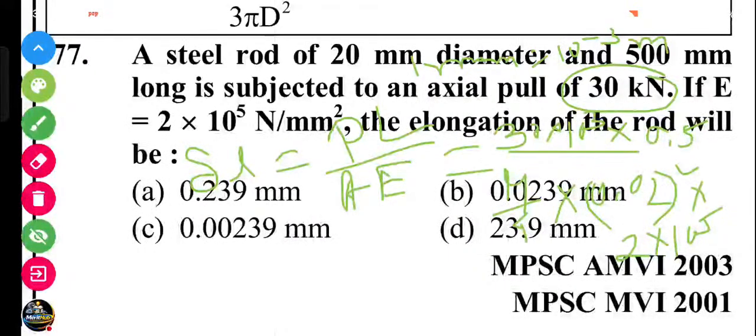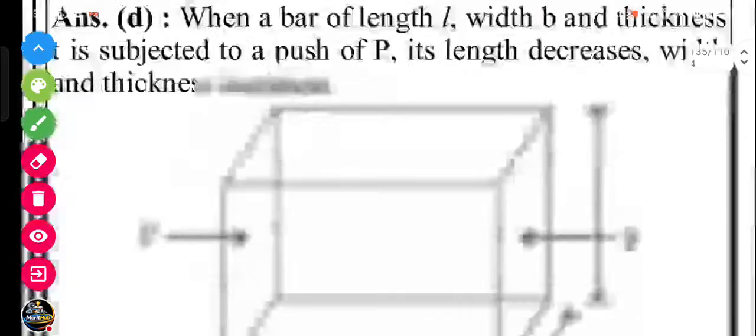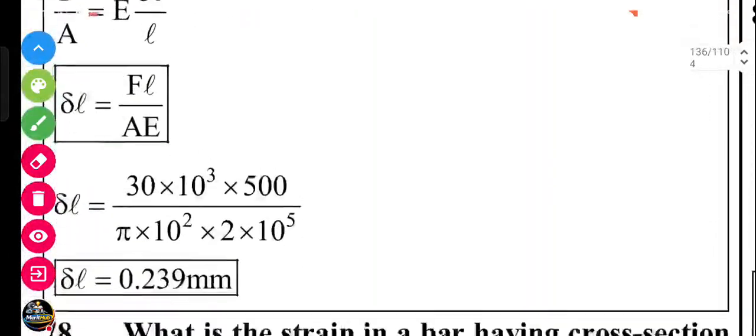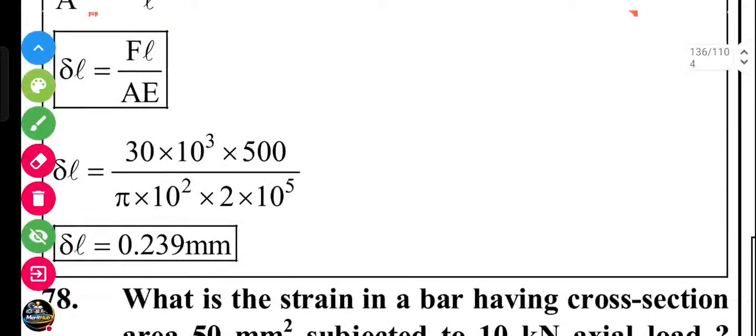If you solve this equation, you can get the answer. I told you the process for solving this question. Let's check. If you put the data in this equation and solve it, you get 0.239 mm.